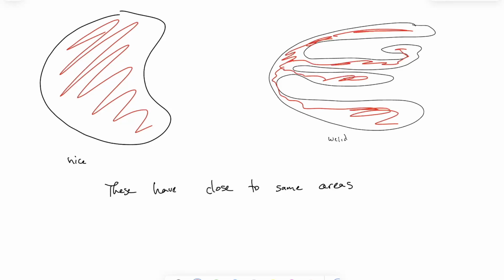I say the perimeter over here is much bigger, because over here you're basically just going around roughly in a circle. I know it's not a circle, but more or less you just go around the shape. Whereas this one, you're going back and forth a whole bunch of times. That's a lot of extra perimeter around this shape. So these have close to the same areas, but the weird one has much more perimeter.